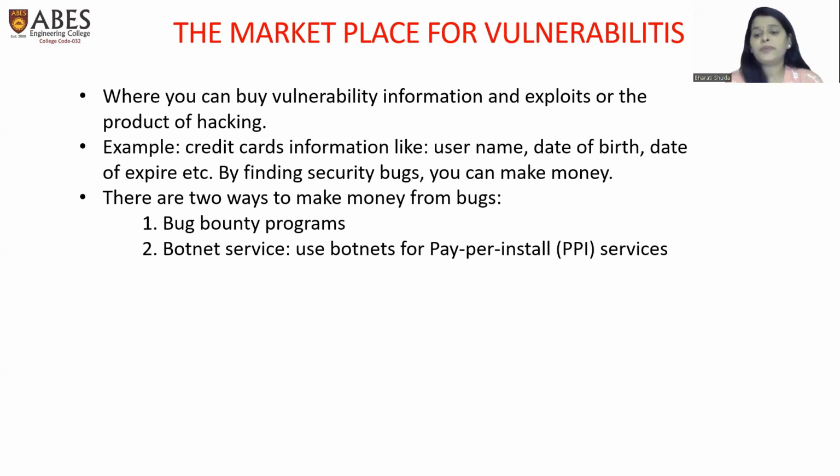There is a market where important data of users is purchased, and we can misuse that data. So there are two ways the marketplace is introduced, like the bug bounty program and botnet service.